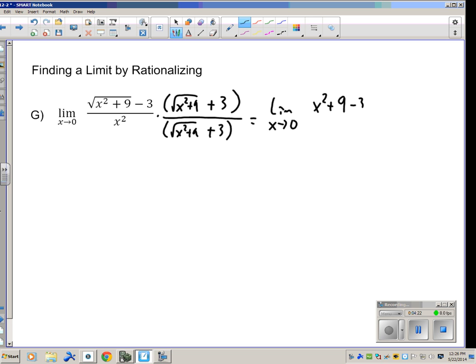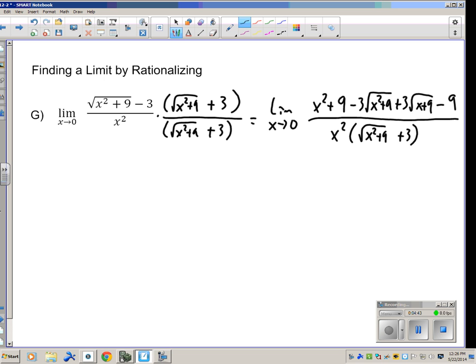If I were to write it out, it'd be 3 times the square root of x squared plus 9, plus 3 times the square root of x squared plus 9, and they're opposite terms. So I got a minus 3 times 3, which gives me a minus 9, all over x squared times the square root of x squared plus 9 plus 3. The middle terms end up canceling out, and even the 9s in this case end up canceling each other out.